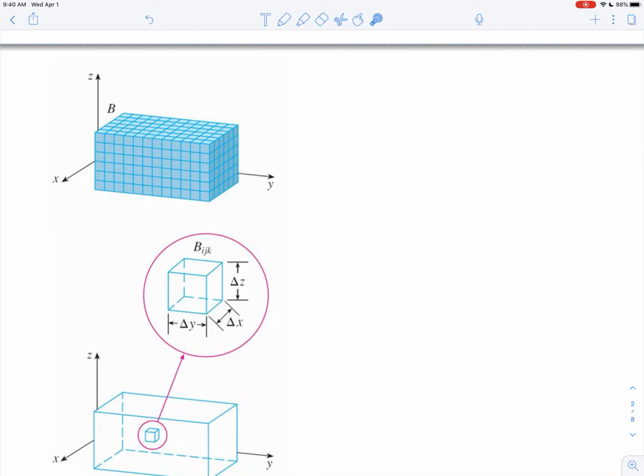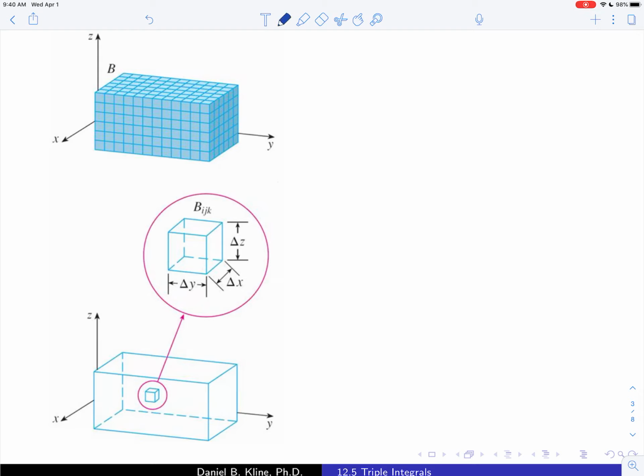Just like we broke up our little region into rectangles in 2 space, we break up our solid into little 3D boxes in 3 space. So here's a picture of one of those little boxes, and you can sort of see change in y, change in x, change in z. All right, in each box, we're going to pick a little test point somewhere in there, and we're going to plug that into our function, which is going to be of 3 variables.